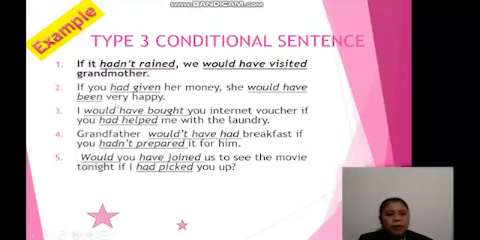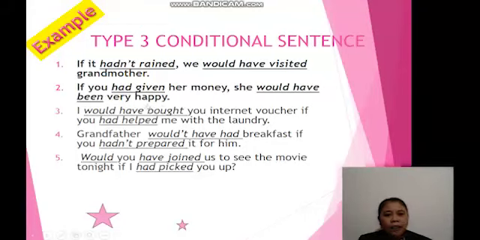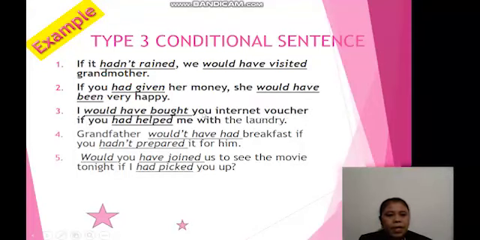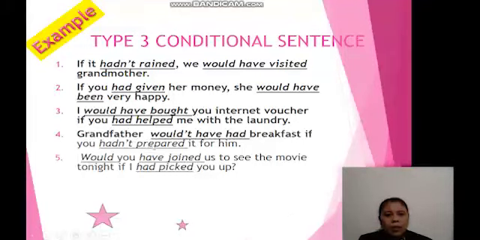Number 4, grandfather wouldn't have had breakfast if you hadn't prepared it for him. Okay, be careful. Grandfather wouldn't have. Probably you ask a question in your mind, why are there two have, two have here?